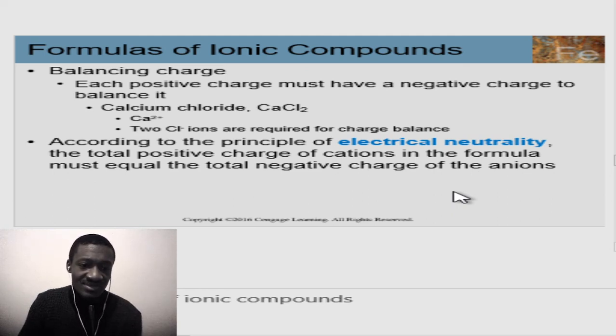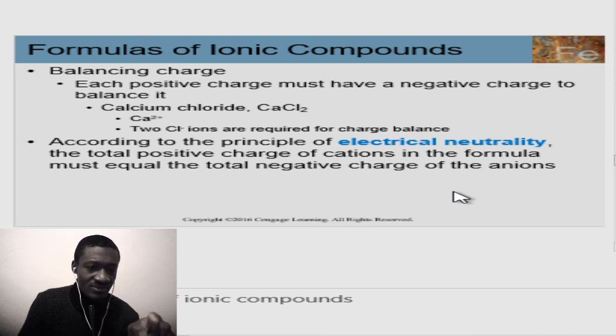So it requires 2 chloride ions to balance the charge. So according to the principle of electrical neutrality, neutral, for something to not be either positive or negative, means that it has no charge. No charge means 0.